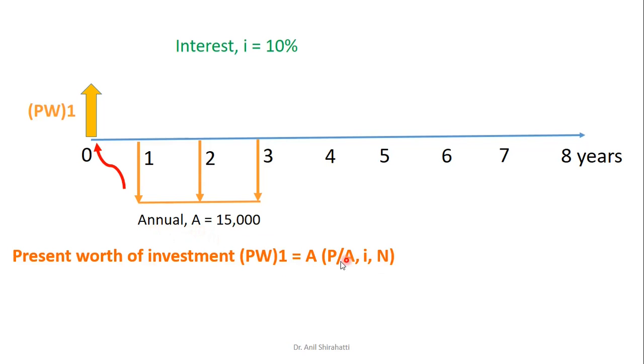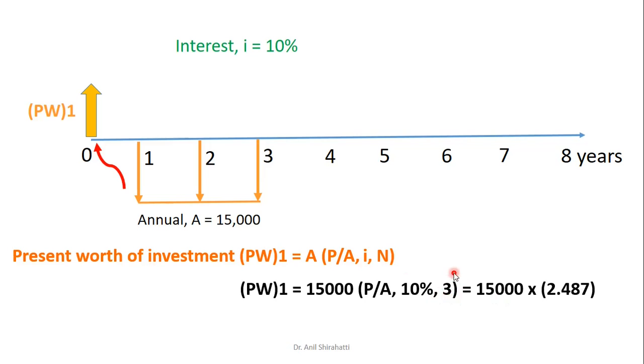So here A is known to me, P by A, i comma N. Now what is i? i is 10% and N is 3 years, not the 8 years. Okay, so 2.48, and if I substitute this one, I get a value of around 37,305. This was a very simple one.